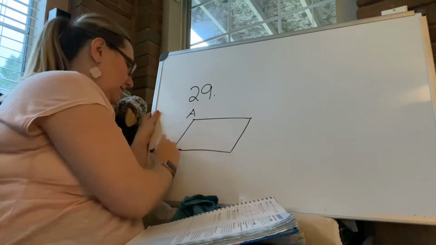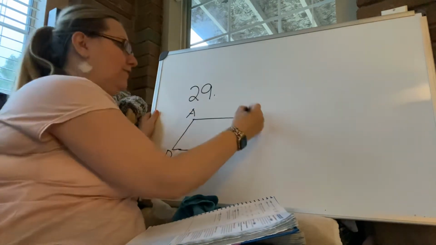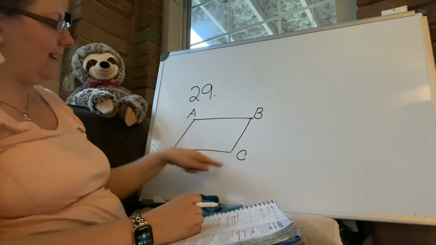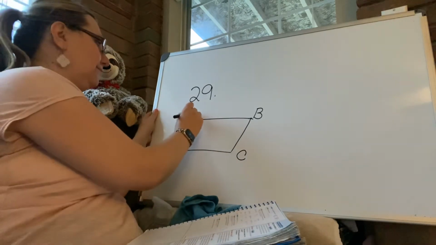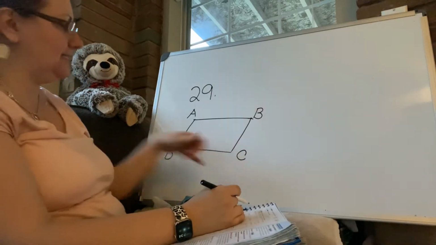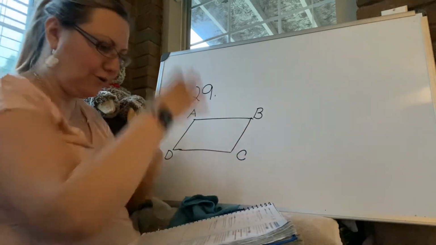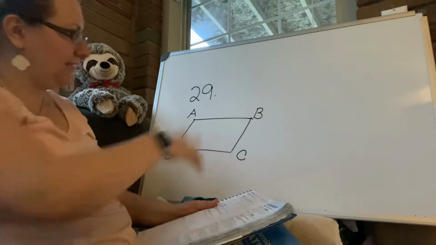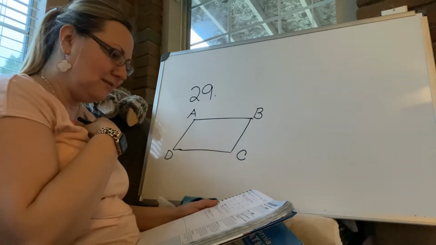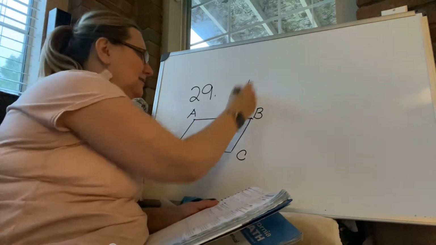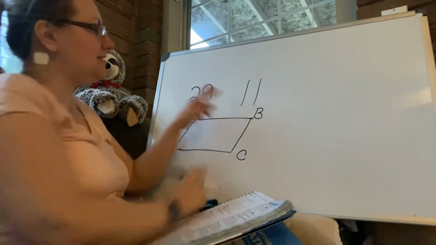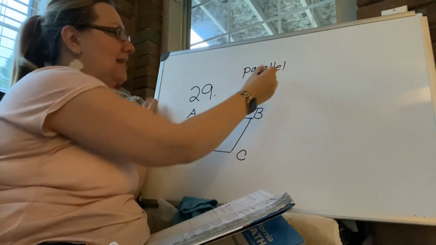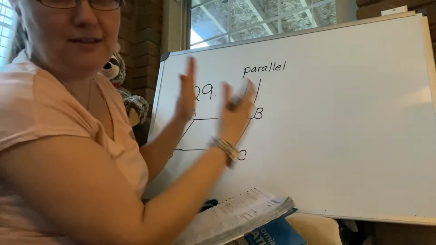Okay, this is D. And I've told you before that usually when we draw a polygon, we go around it, naming the corners in order, not A, B, D, C or some other crossing of it. That's how they have it here in our book. And parallel means like the two L's in the word parallel. It has those two L's exactly next to each other. They will never intersect.